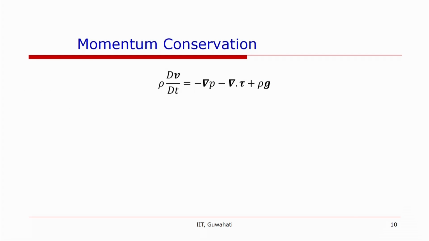The momentum conservation can be written as rho DV by Dt is equal to minus del P minus del dot tau plus rho g. Now we can expand this. When we write rho out of it, this means that the flow is incompressible.